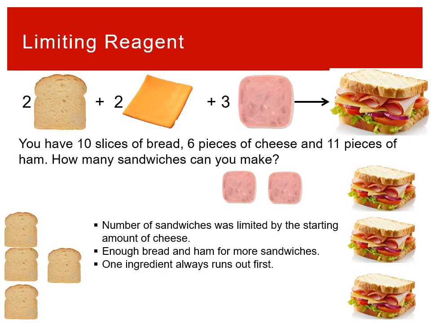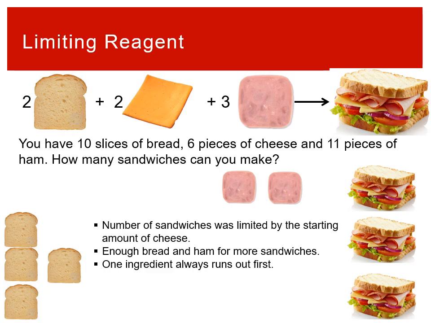The number of possible sandwiches was limited by how much cheese you started with. You have bread, you still have ham. You could theoretically make more sandwiches if you had more cheese. This always happens when you are making something, right? When you buy hot dogs and hot dog buns, they don't come in packages that are the similar size. One always runs out first because they link together at certain ratios.